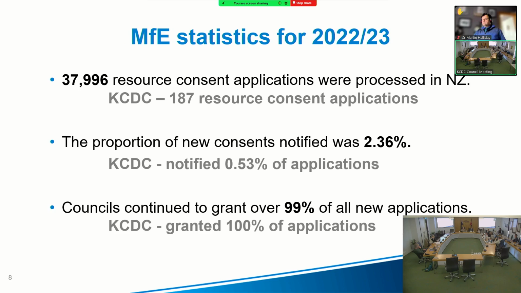There's maybe 2 points that I just wanted to raise as well. So in terms of limited notifications, our standard approach is that if we come across a site that could potentially affect a neighbour, we would ask the applicant to consider approaching that neighbour and having that discussion, right? And if they didn't do that, before we make the notification decision, we would ask for written approval.